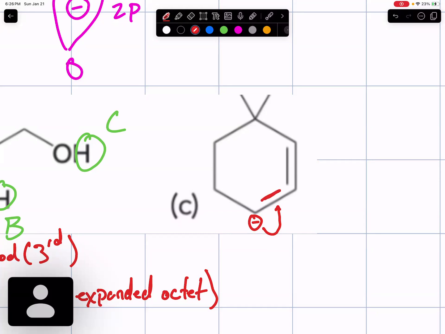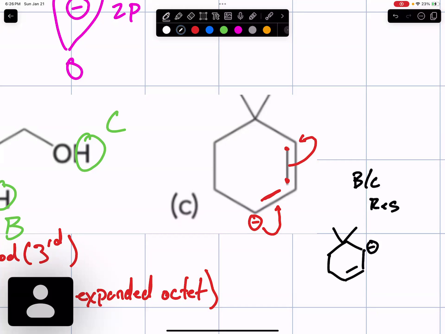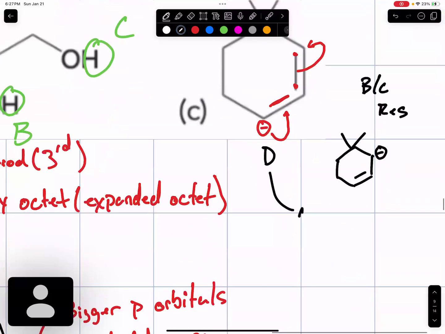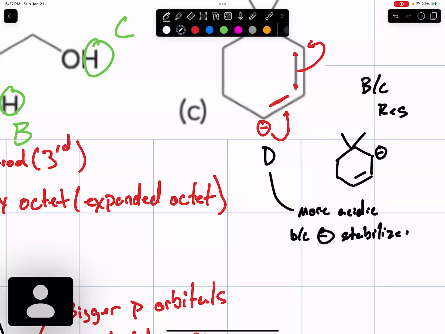And if it makes a pi bond in red, that would push these electrons from the original alkene up to here. So the resonance structure would look something like this. And because it has resonance, the protons at D are going to be more acidic because the negative charge is stabilized by resonance. Okay?